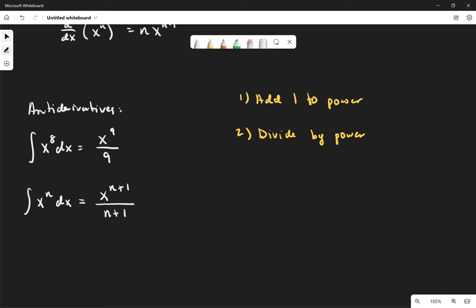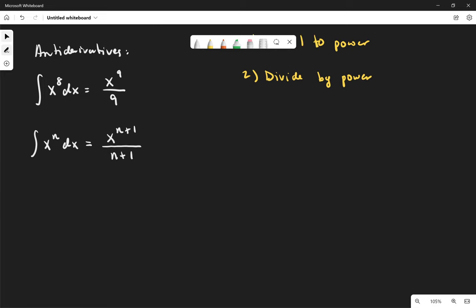And that's it. The last thing I'll say is that you'll usually see something on the ends of all of these antiderivatives. You will always see at the end of every answer a plus c. Now, what does that mean? Well, let's go back to our example, x to the 8th.